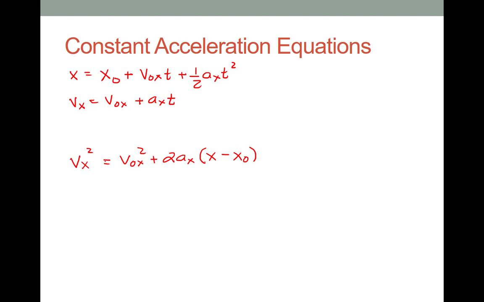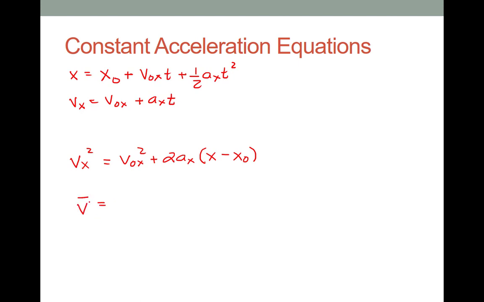Lastly, there is one additional equation that sometimes is included in the constant acceleration equations. This last one, I very rarely use, but it is occasionally needed, so I'm going to include it for completeness' sake.